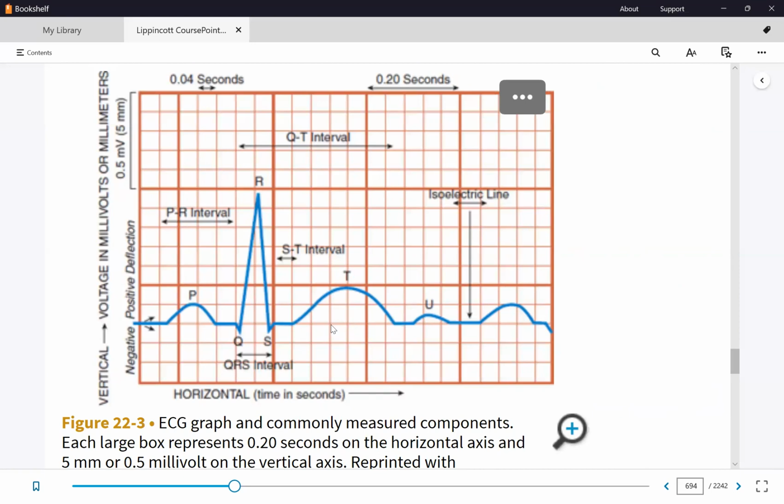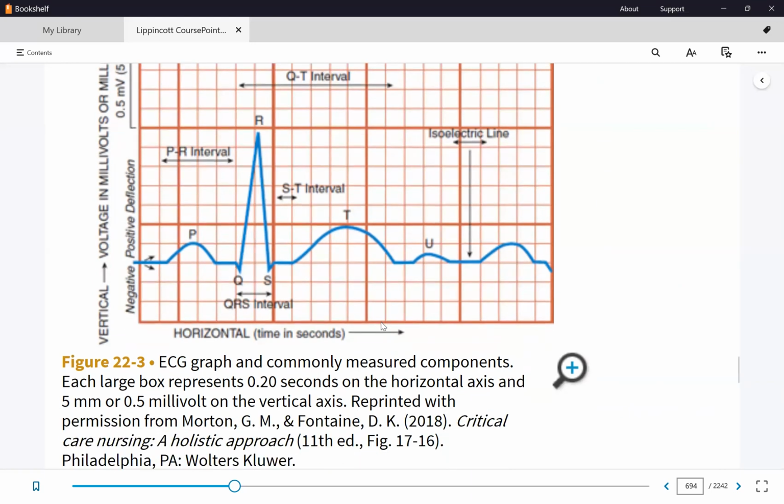If one big box is 0.2 seconds, it's about one big box and some change. That's all the rest your poor heart has, and it's been doing that for however old you are now. If you want to give it rest, die. Then your heart will rest.